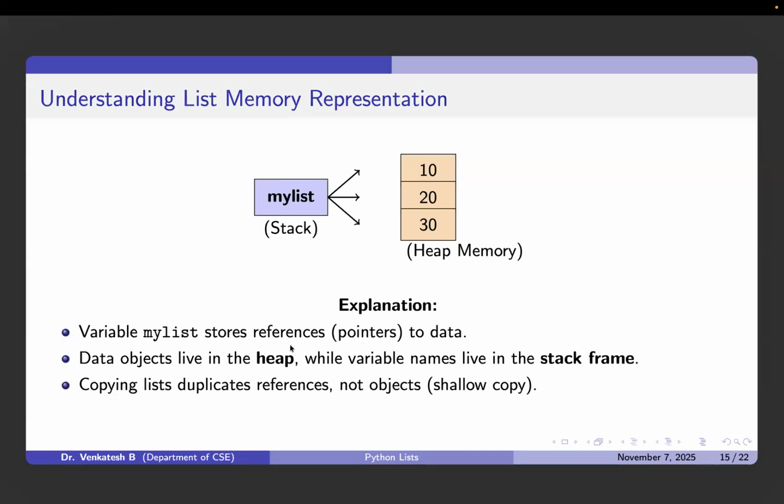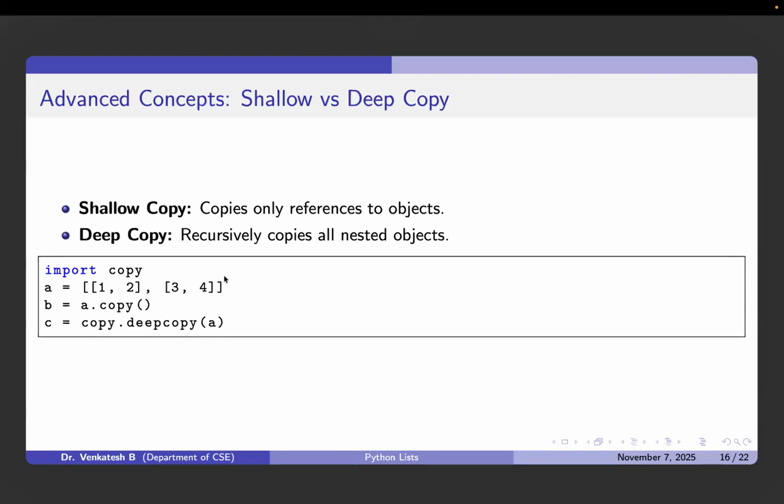Copying a list duplicates references, not objects. That is the reason it will duplicate the references; it is not going to create copies of the objects. There are two types of copies, shallow copy and deep copy.